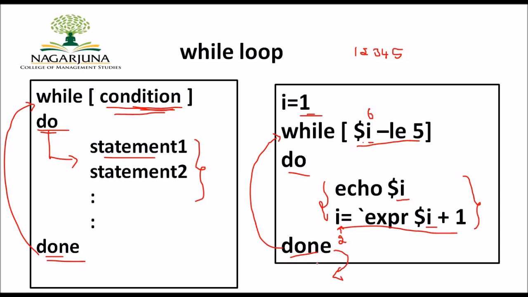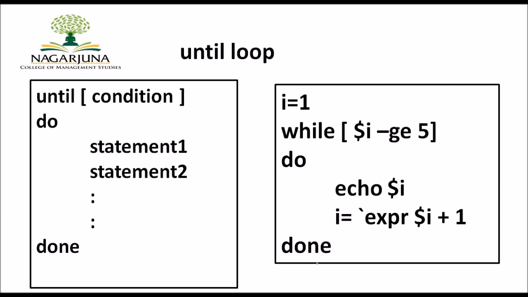So we'll move on to the until loop, where this until loop works exactly opposite to your while loop. Don't get confused between your while and until loop in shell programming. We do not have a do-while statement in shell programming. We have the while loop statement and we have the until loop statement, where the until loop works exactly in reverse of your while statement.